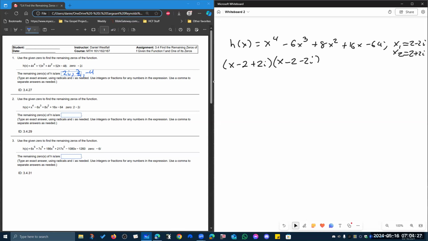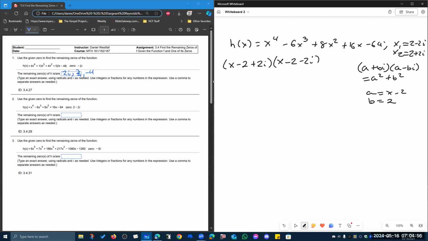And we can use that idea that I just gave you, with a plus bi times a minus bi equaling a squared plus b squared, where our a is equal to x minus 2 and our b is equal to 2.